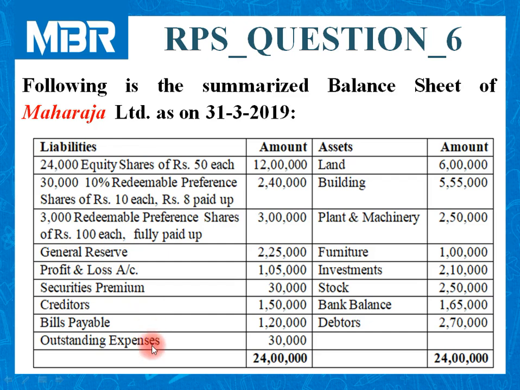The liability side includes so many items, and the asset side as well. On the liability side, we have two different types of preference shares. 30,000 10% redeemable preference shares of rupees 10 each, rupees 8 paid up. 3,000 redeemable preference shares of rupees 100 each, fully paid up.